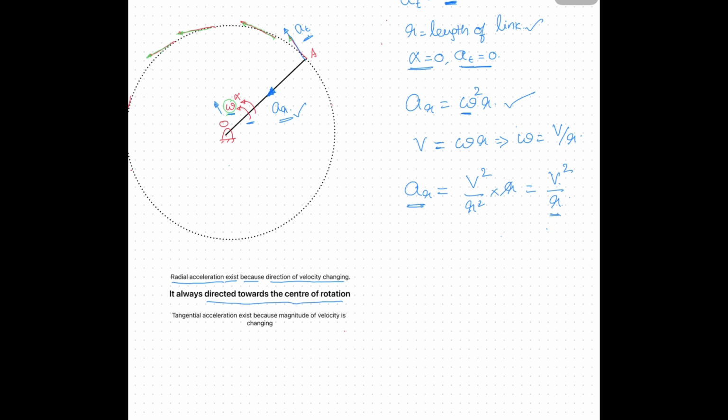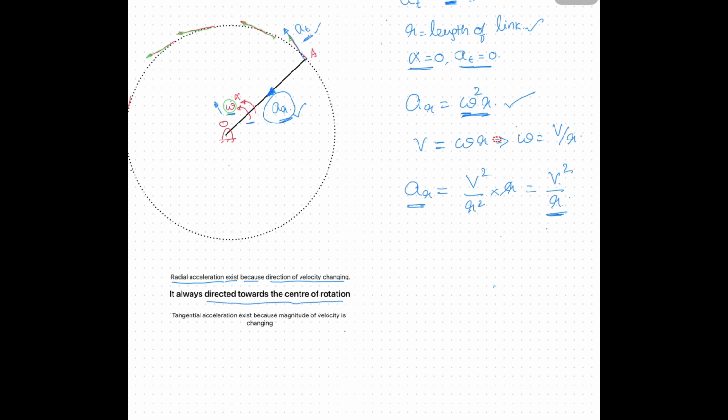We can calculate the magnitude of the radial component by using omega square r or v square by r. The tangential component is calculated from alpha into r.